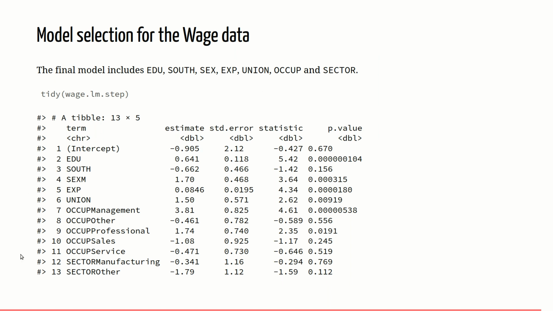So this is a summary of the final model table. Notice I'm using the tidy function here. So tidy gives you a data frame, or in this case a tibble, saying basically the same thing, which is that coefficients bit of the summary. So the summary output from a linear model gives you two things really.